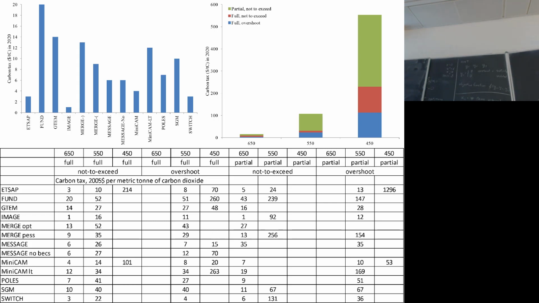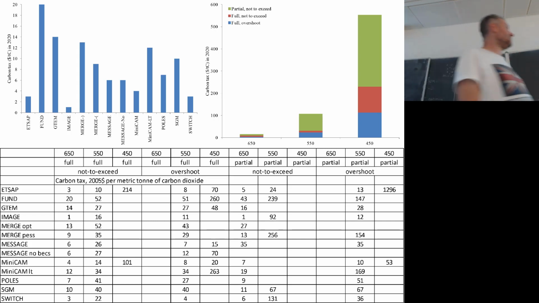So if we move from left to right, the carbon tax needed goes from 10 to 550, and that is the stringency of climate policy. So this should not surprise you. The more stringent a climate policy is, the more it will cost, right?